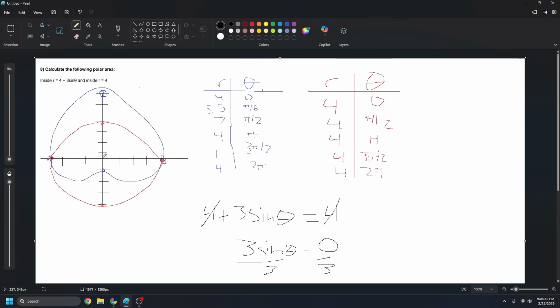So here, if we start out at theta equals 0 and make our way all the way over to pi, I'm going to write these down first. Our intersection points: 0, pi, and then 2 pi. Right here, from 0 to pi, our inner r equation is going to be 4. So this part is the part that we're going to be shading in.